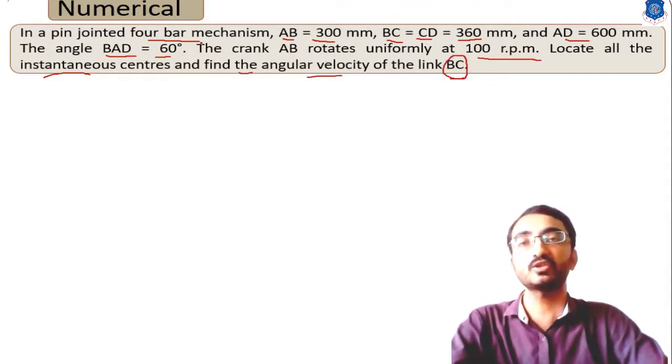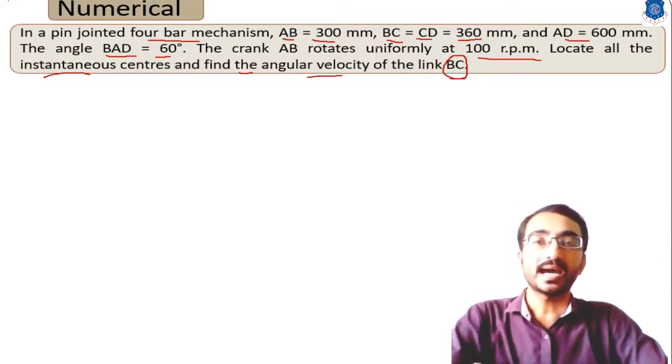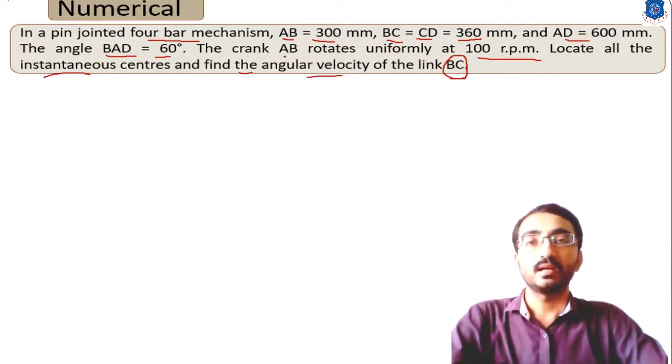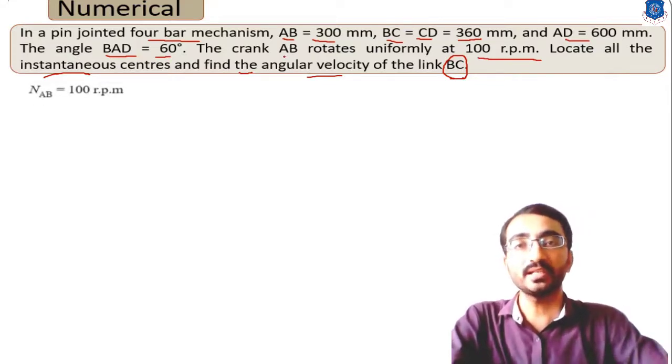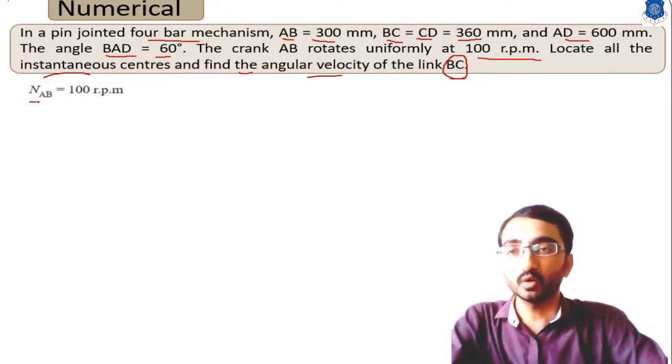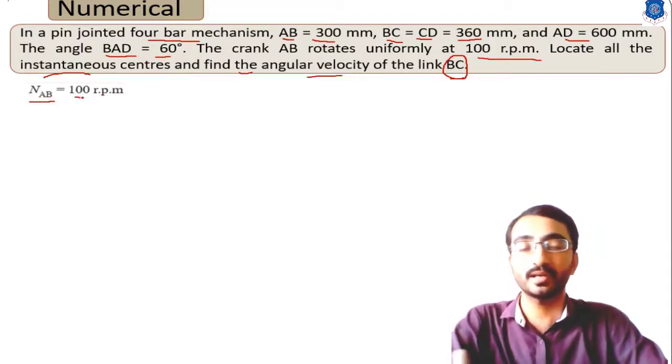First we will sort out the data from this numerical. We have been given lengths and rpm. Let's consider crank AB is rotating at 100 rpm, so NAB is equal to 100 rpm.